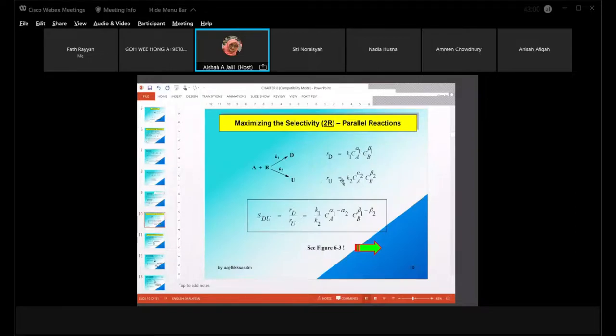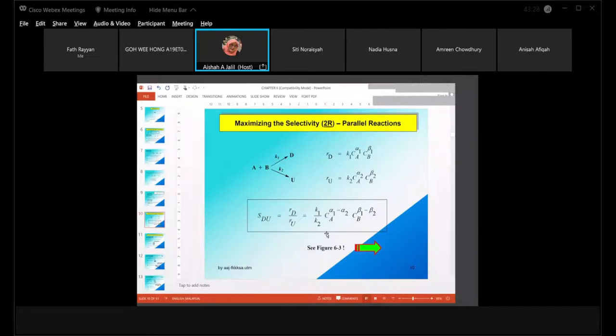And Ru is K2 Ca alpha 2, Cb beta 2. When you calculate SDU equals Rd over Ru, it becomes K1 over K2, Ca to the alpha 1 minus alpha 2, Cb to the beta 1 minus beta 2.